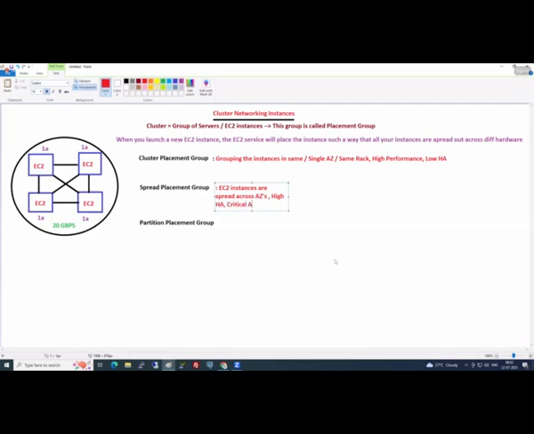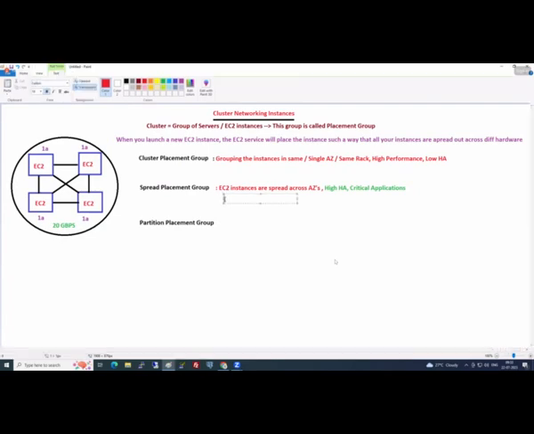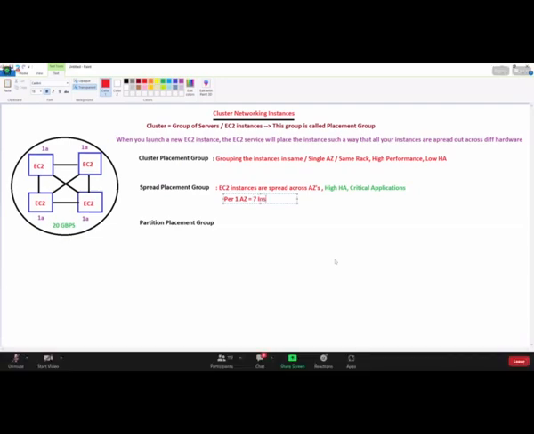Yes. So critical applications, you can put them here. And by the way, in spread placement group, how many EC2 instances can you have per availability zone? 7 instances.